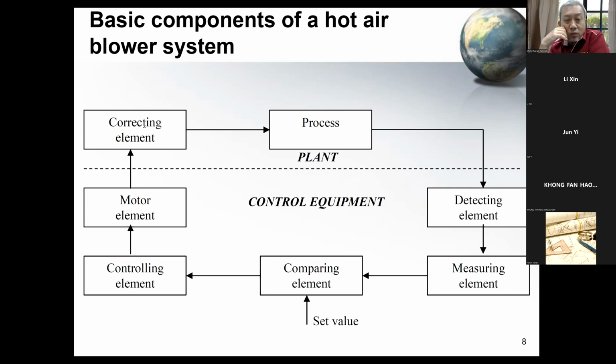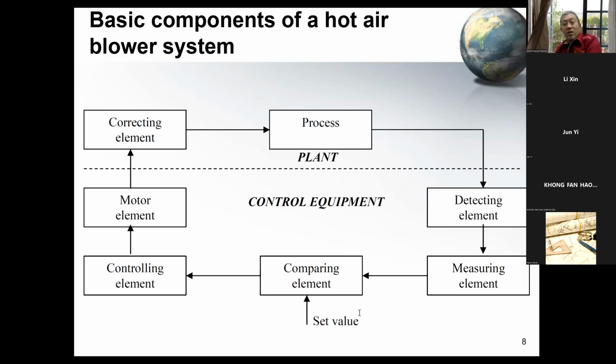Then the controlling element is the PID control. The comparing element usually refers to the operational amplifier configured as a comparator, because it compares the measured temperature from the thermistor that measures the output temperature with the set value.